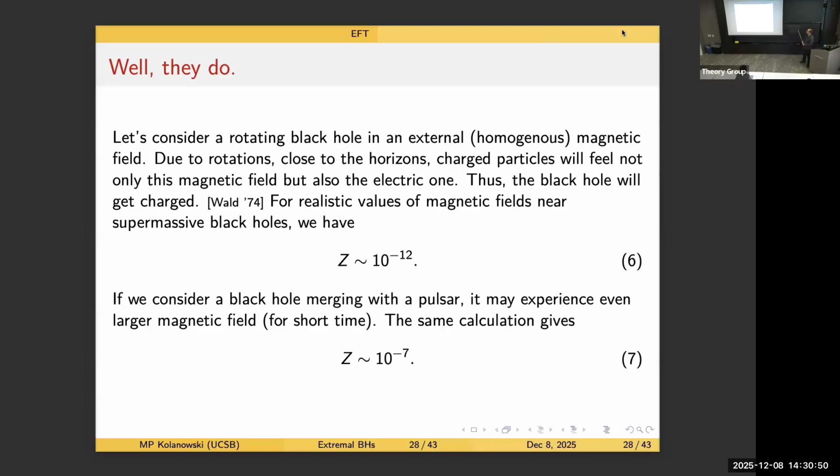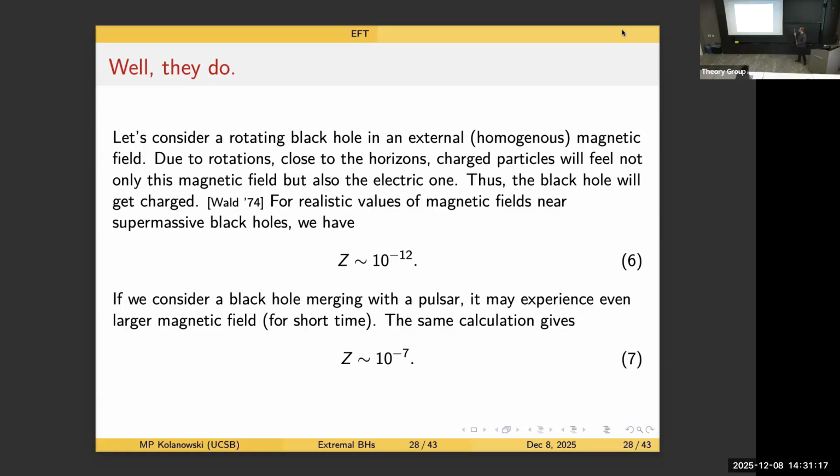Let me just very quickly say that it is because we have a rotating black hole embedded in a magnetic field. Also in electrodynamics, if you have some surface embedded in a magnetic field, close to the surface it would look like there is an electric field as well. And this electric field in practice could be used to charge this black hole.